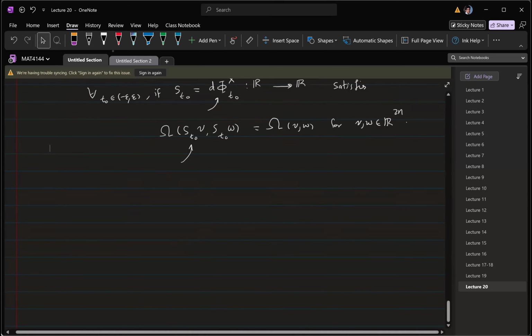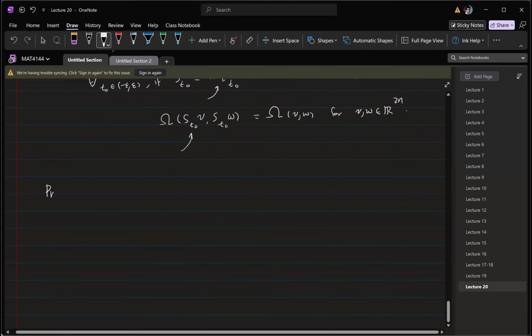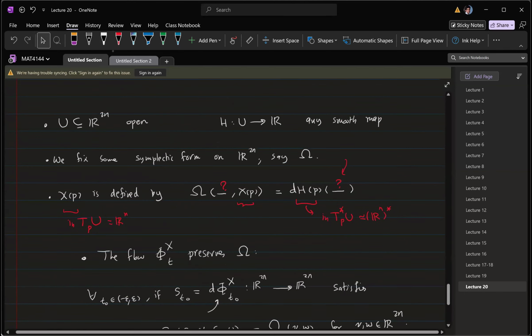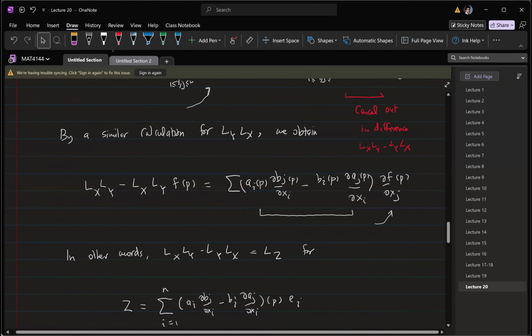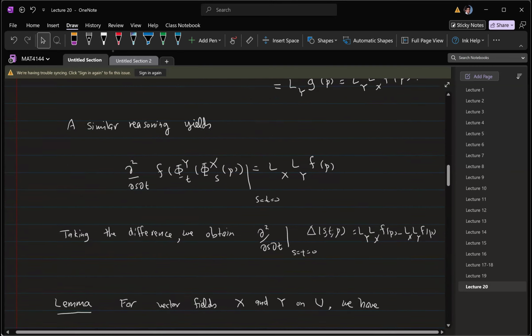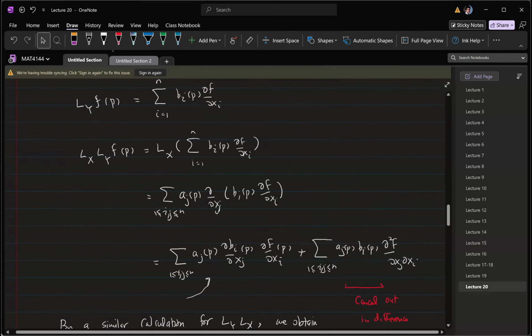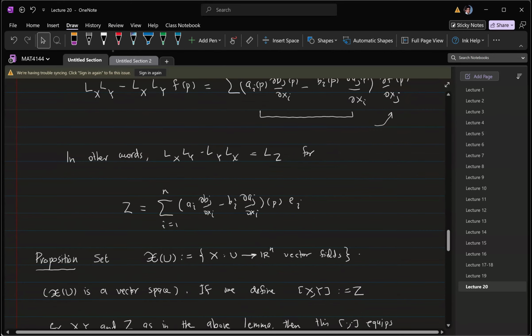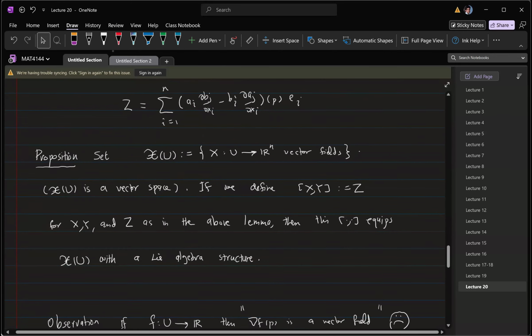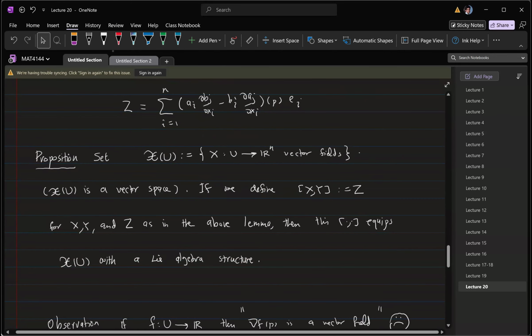All right. So now here's the next proposition. Remember where we started. We started with this Lie derivative, and we got this Lie algebra structure on the vector fields. We defined a commutator for two vector fields, and the result was another vector field, and this gave us a Lie algebra.